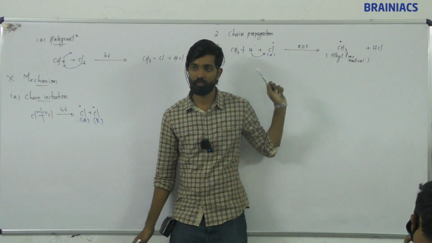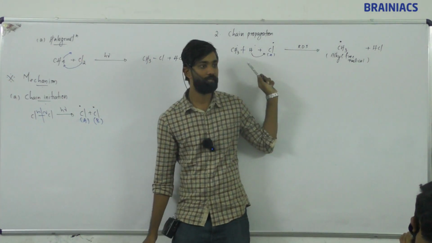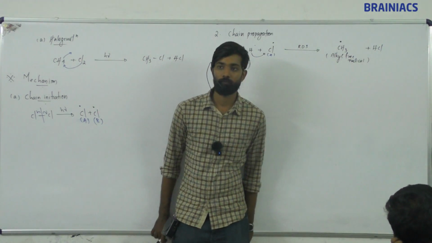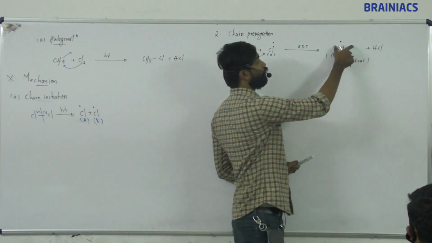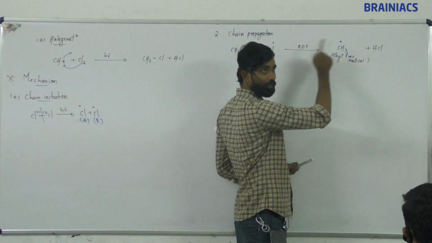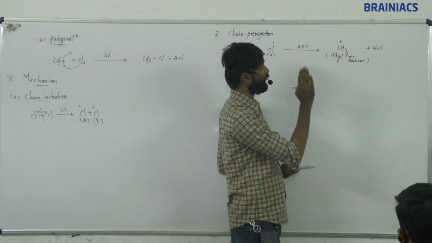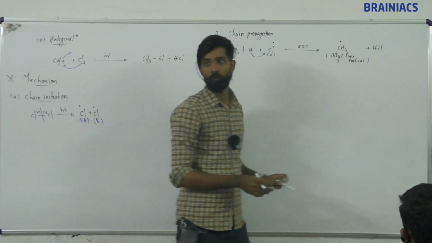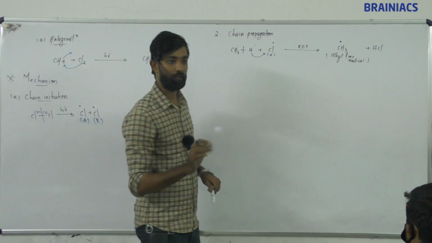So this reaction is under the control of this step, which means the reaction depends on the stability of the free radical formed. If the formed free radical is the most stable one, then the slowest step will become faster. So the rate of free radical substitution depends on the stability of the formed radical.